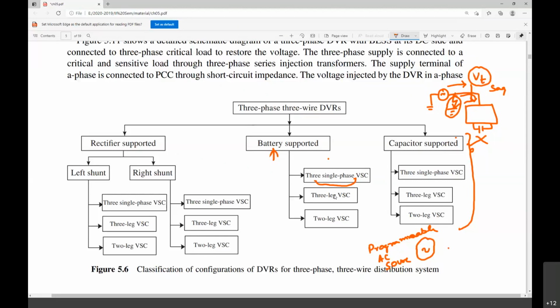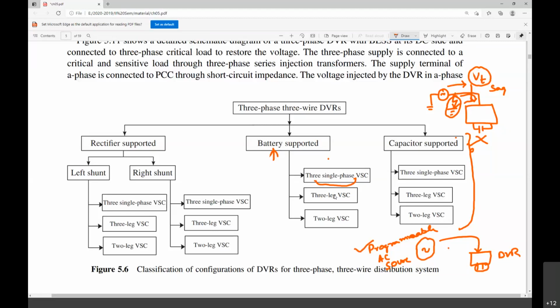In that case, this source has abundant energy to drive the capacitor charging, abundant power to charge the inverter, whatever the DVR or series active power filter is there. The capacitor connected over here can be charged only in the case of a programmable AC source.